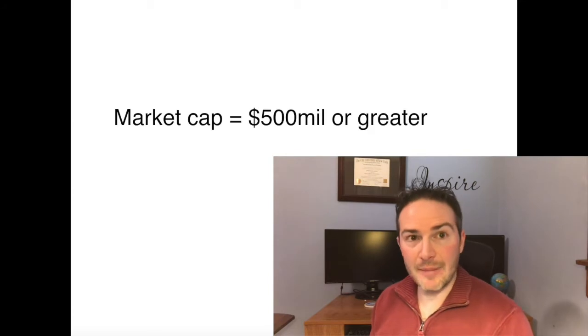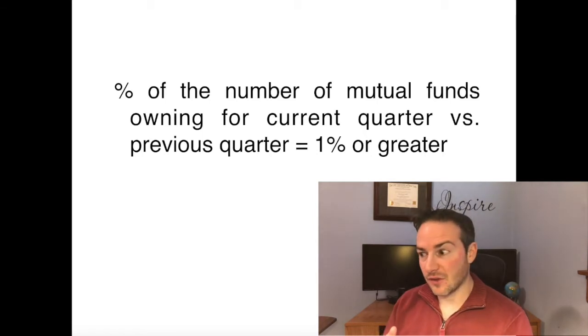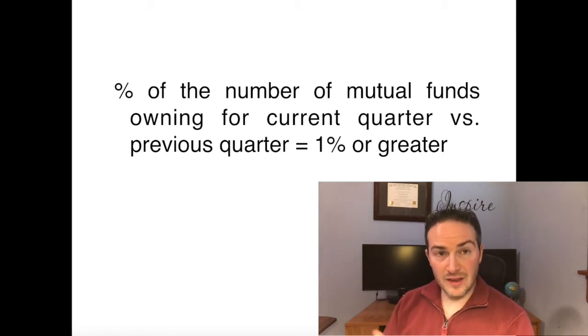We want the market cap to be 500 million or greater. Something else that's just history. Percentage of the number of mutual funds owning for the current quarter is greater than the previous quarter. So increasing institutional fund ownership, that's where the demand is coming from.